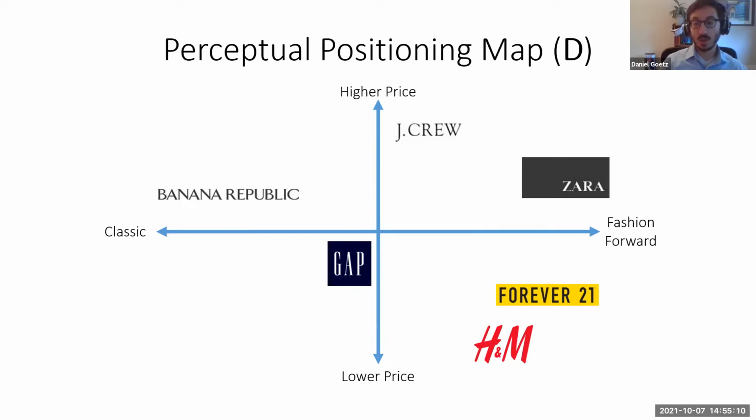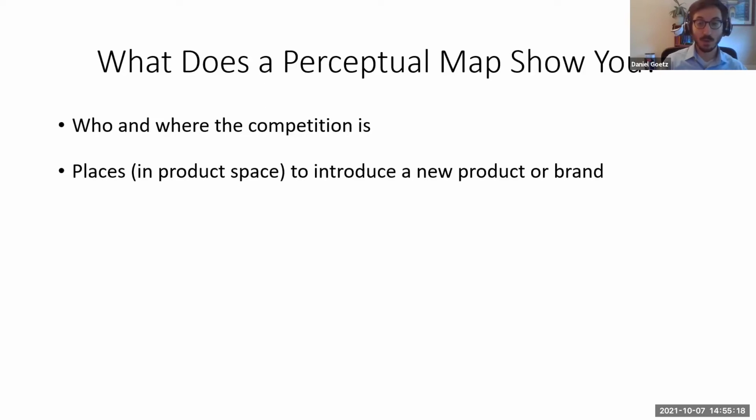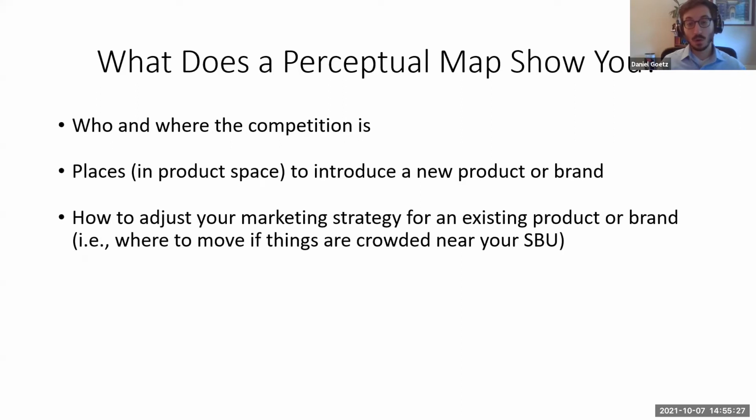But here, this positioning map tells us who and where the competition is for two important attributes that people care about. And importantly, it shows us places that maybe we could introduce a new product or brand, or how we can adjust our marketing strategy for an existing product or brand, right?